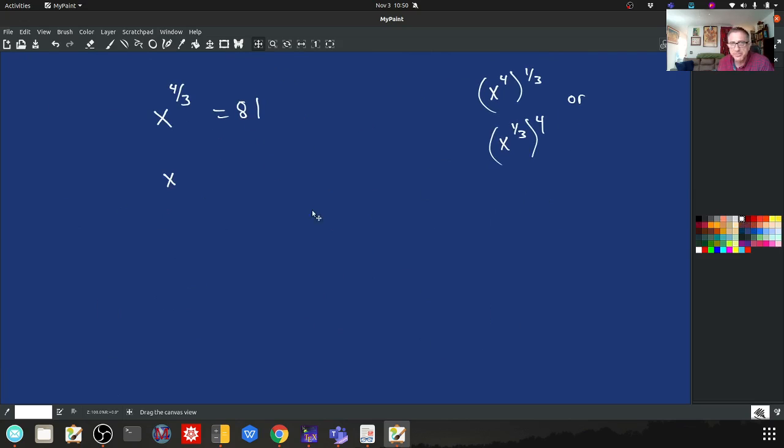Power of a product rule is what I think that is. So let's leave this over here, and let's see what we can do with 81. We discovered that 81 in a previous problem was 3 to the 4th power. So that suggests that I want to choose this expression, x to the 1/3 to the 4th is equal to 3 to the 4th.